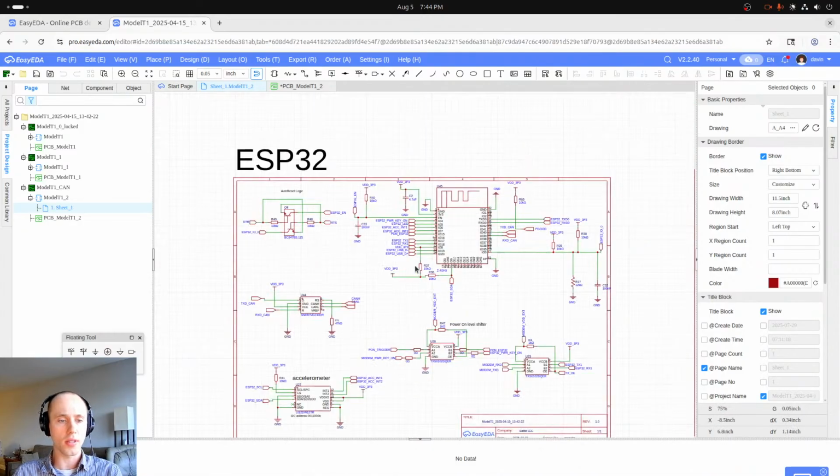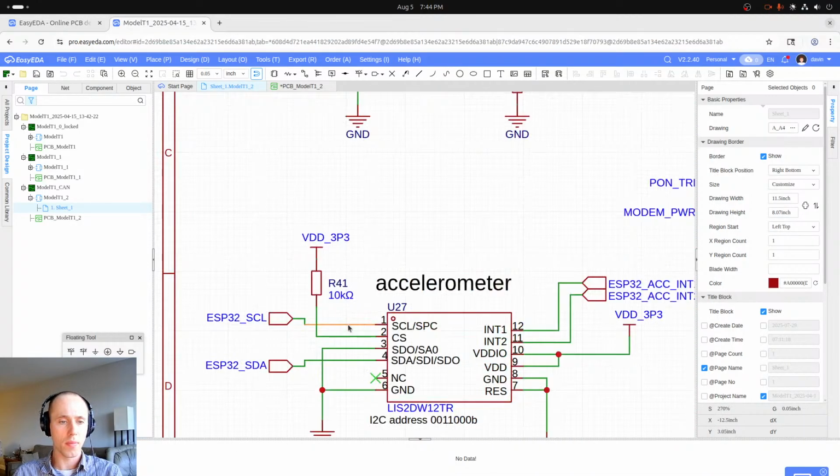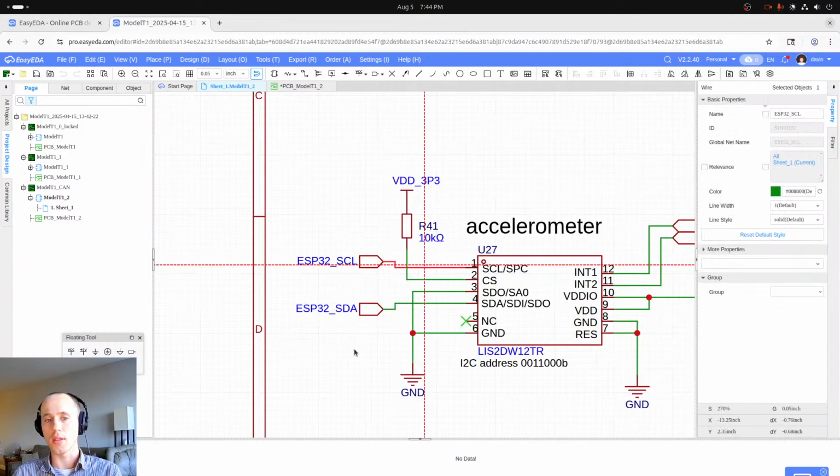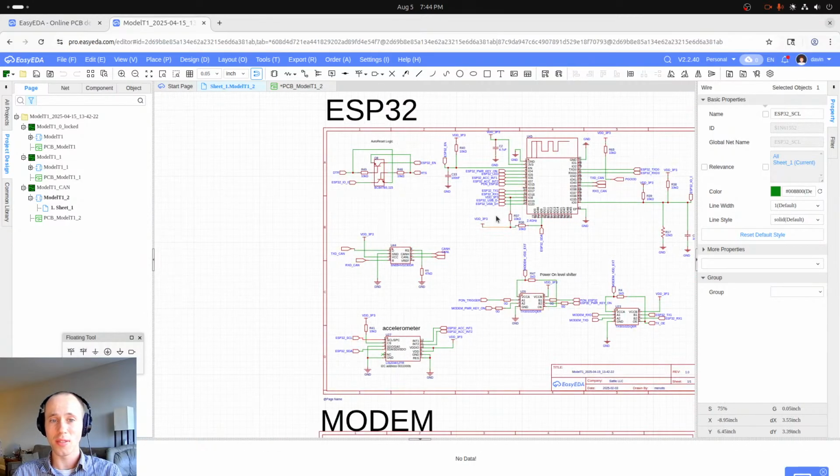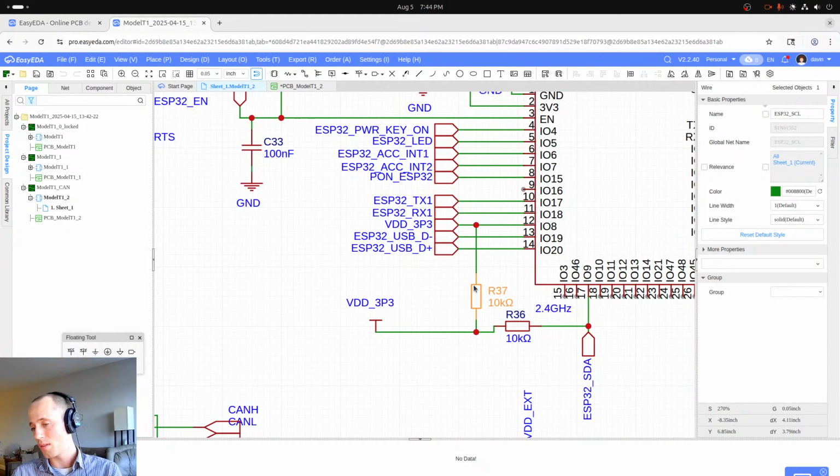Oh, I forget. I can just click on this net. Okay, that's probably what happens, that this became 3P3 and it was supposed to be SCL? Yeah.